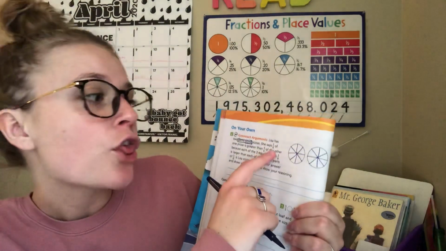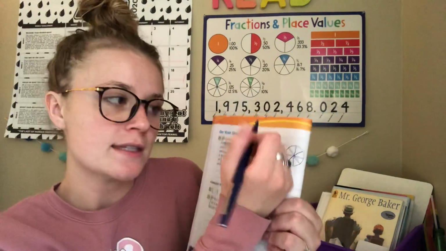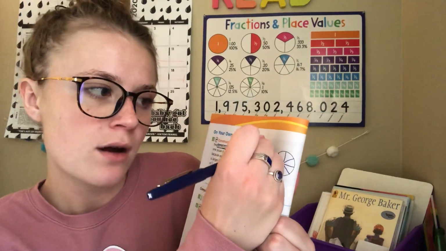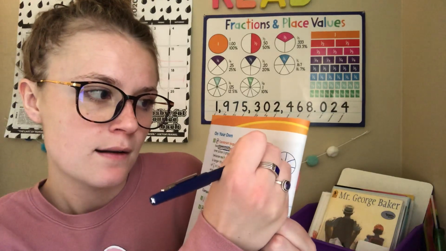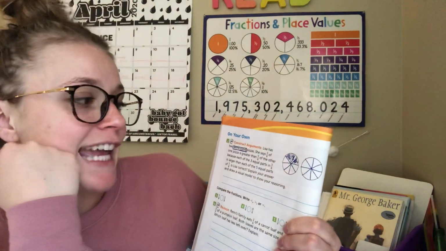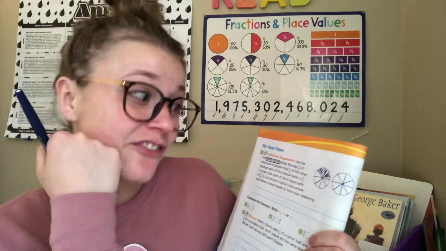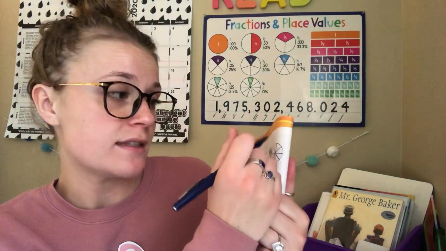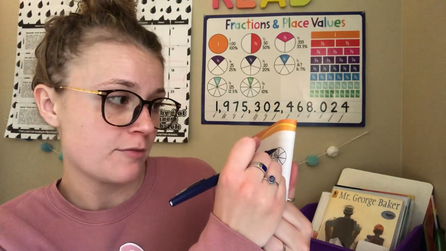So she says 3/8 of one pizza, so I'm going to shade in 3 parts, is greater than 5/8 of the other pizza. So I'm going to shade in 5 parts.